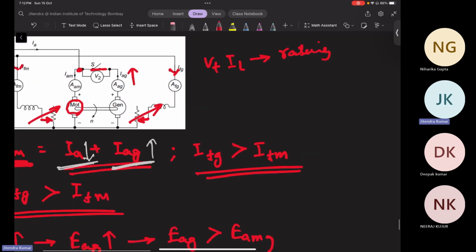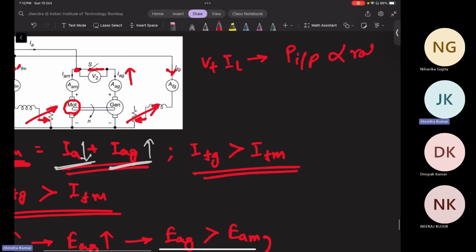Input power. That is proportional to rating. And this is IF plus IA, and even though IF is constant, if you are reducing IA, it means you are reducing the rating of the machine.